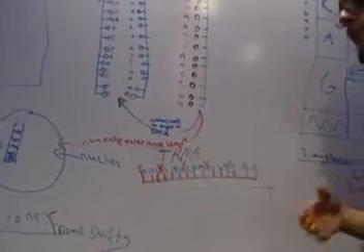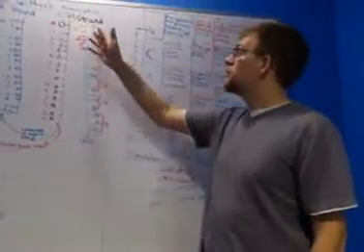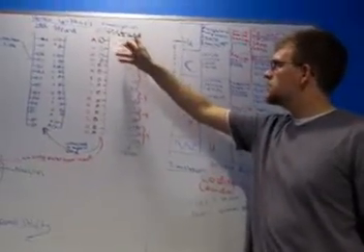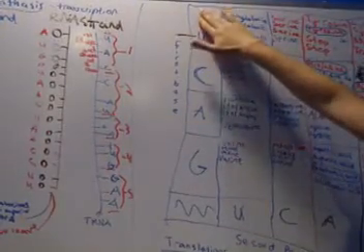Now we're going to be talking about translation. Translation is literally what it means, like translating another language. The first base will be U, so you find the first base on the chart. You start over here, so U right here.